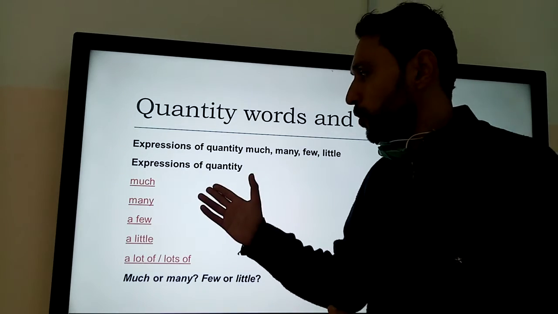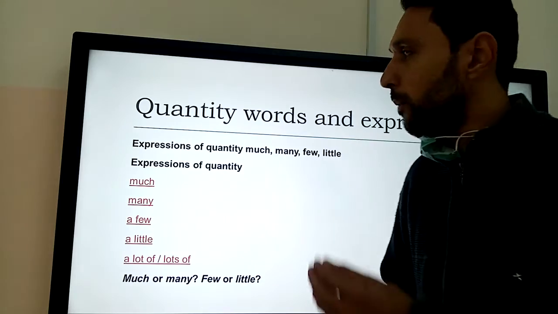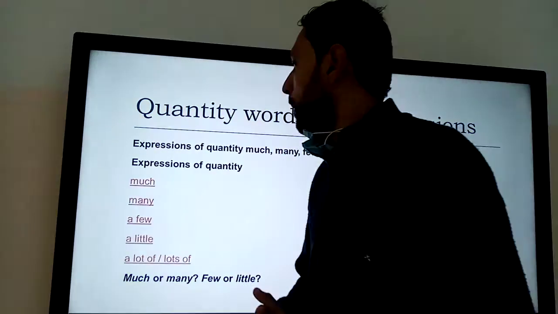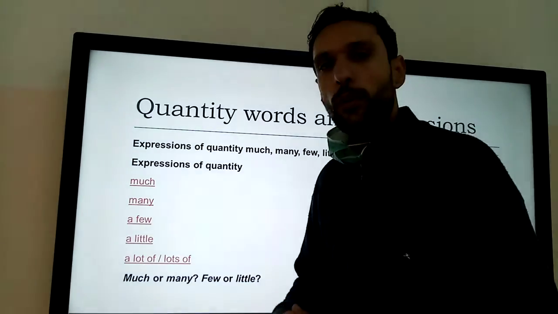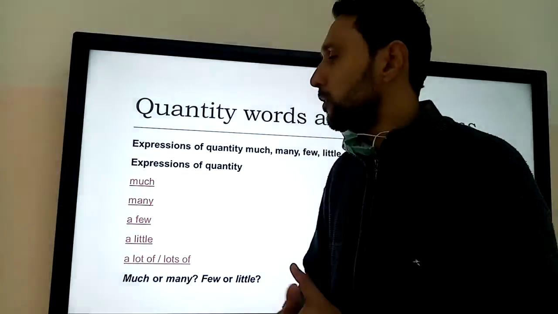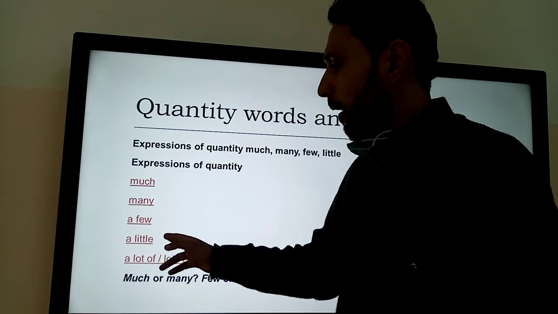We say much for uncountable nouns. How much sugar should I put in tea? For many, I use it with countable nouns. How many trees do you have in your garden, in your house? A few and a little.